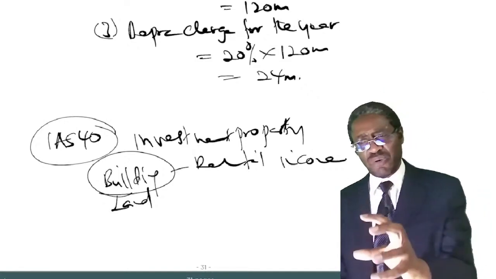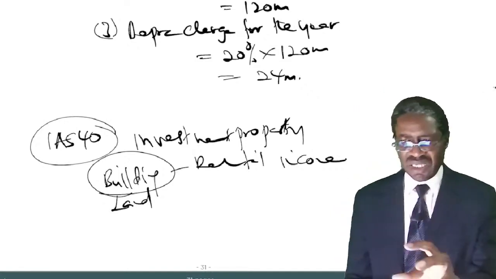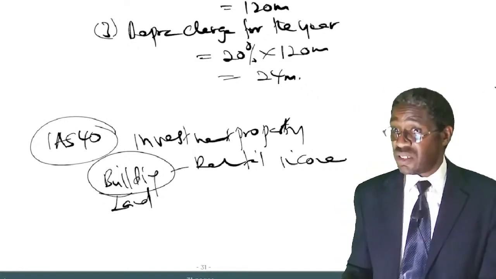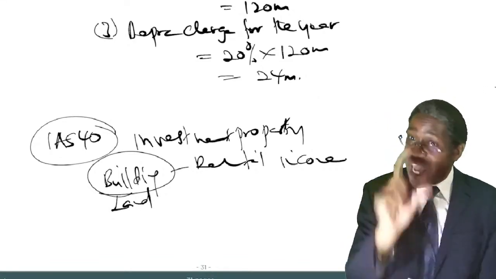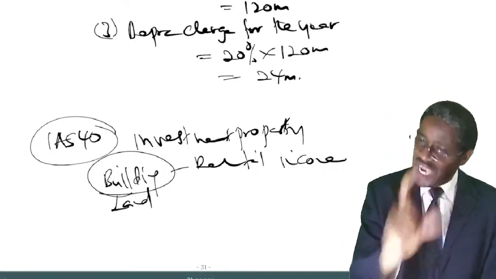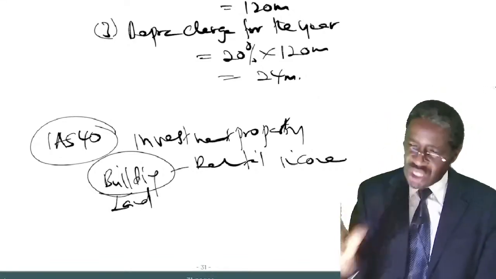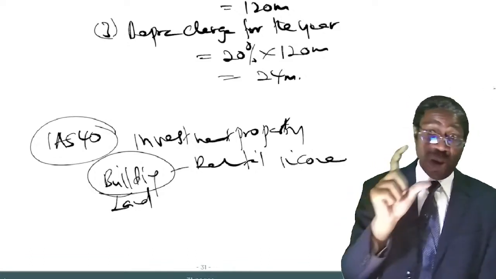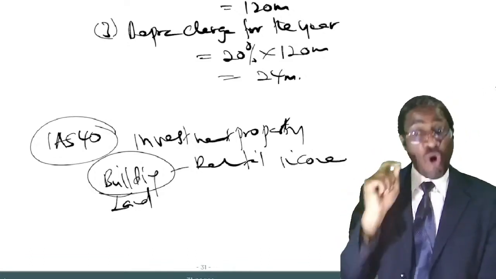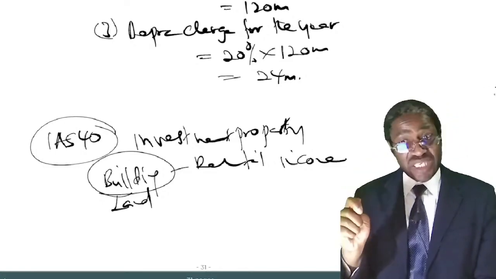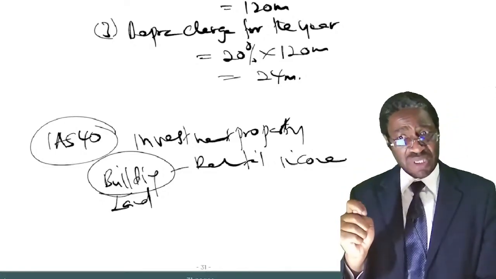So an investment property is an asset which is held for either capital appreciation in value or for generating rental incomes.